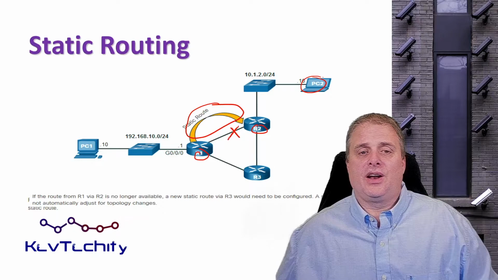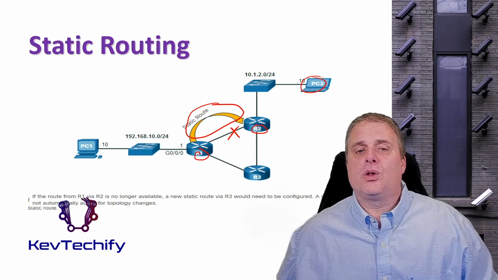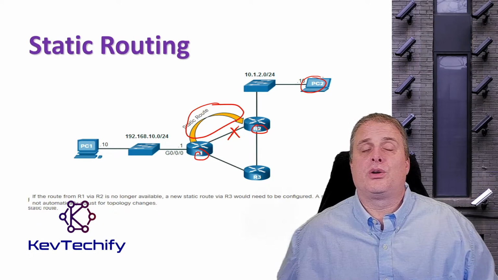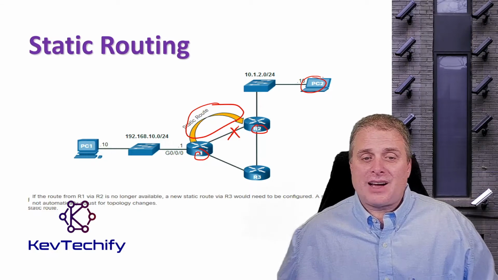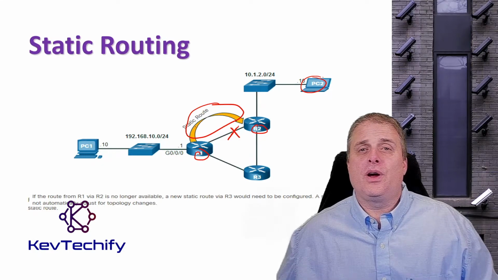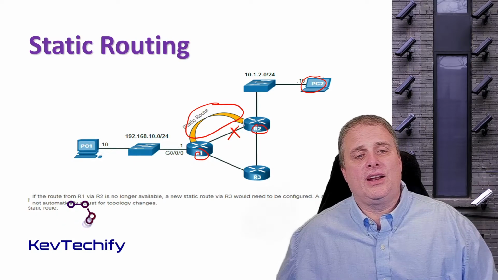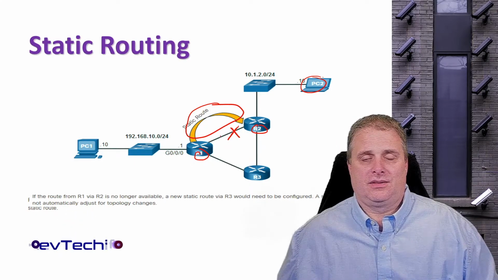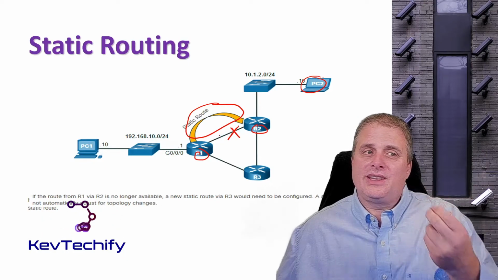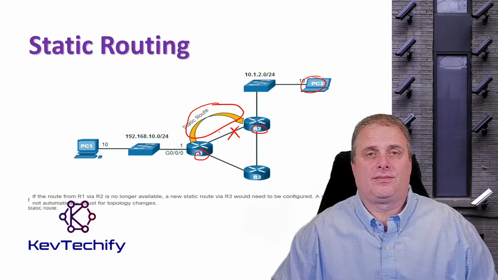It cut this line, and now router 1 is no longer able to connect to router 2. There's still a viable path around here, but because you set up that manual static route, the data now cannot get across this connection. And so that's one of the downsides of the static route.